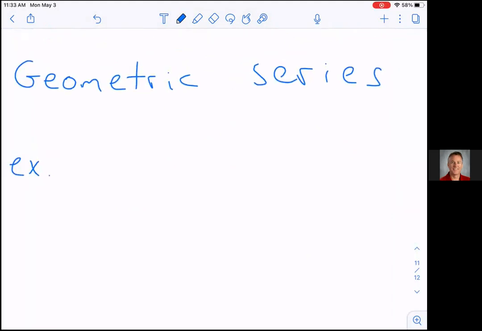All right, we want to find the sum, and as soon as I see the word sum, I know it's a series and not a sequence, okay? Because sum means adding them up.